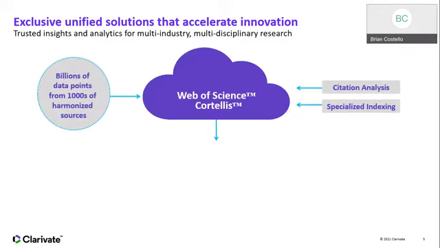The capex, as we say, the capital expenditure for biomedical sciences research is very high. So if we can streamline this workflow by getting solutions from trusted, reliable data that can accelerate innovation, that is where solutions like Web of Science or Cortellis come in.